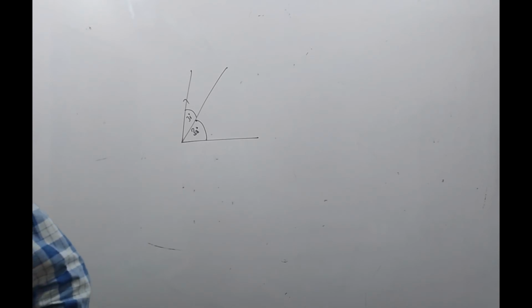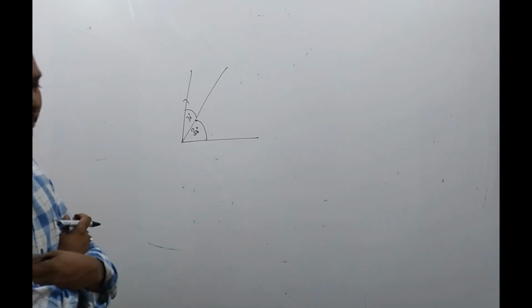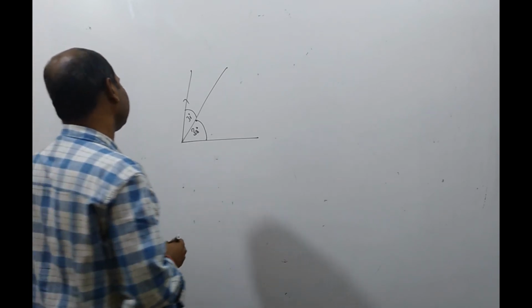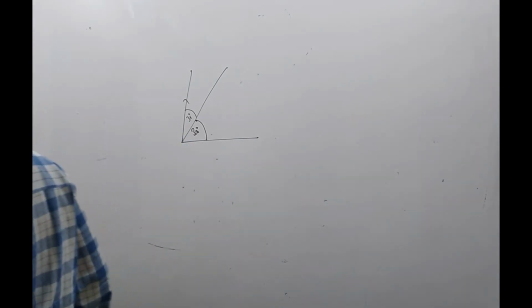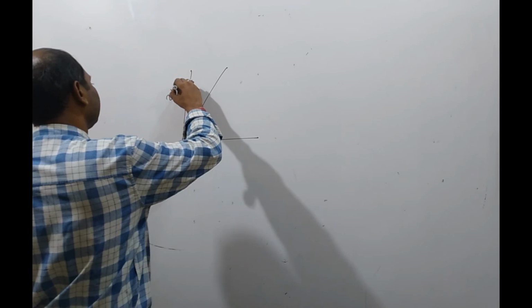Then find the horizontal range of the body if its initial velocity is 21 meter per second.